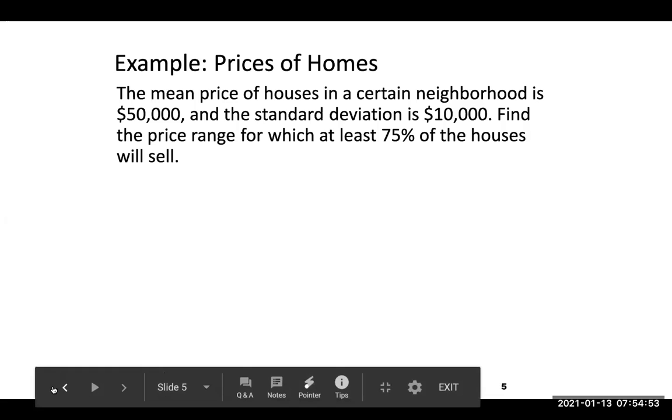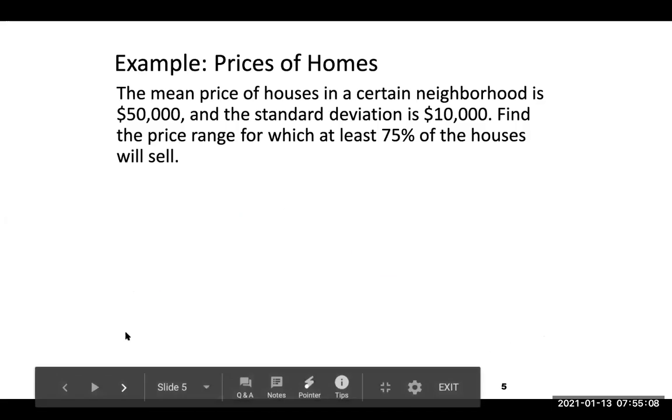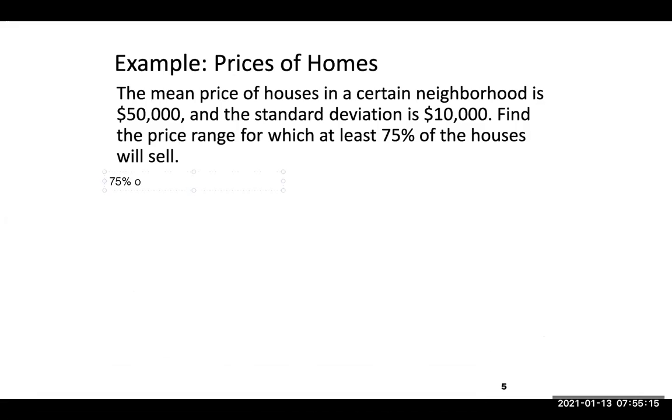Let me back up real quick to something in our chart. 75% of the data is within 2 standard deviations of the mean. So according to Chebyshev, 75% of data is within 2 standard deviations from the mean.